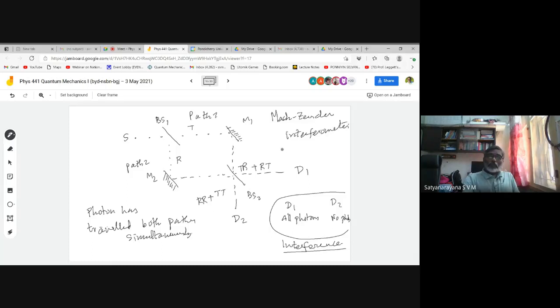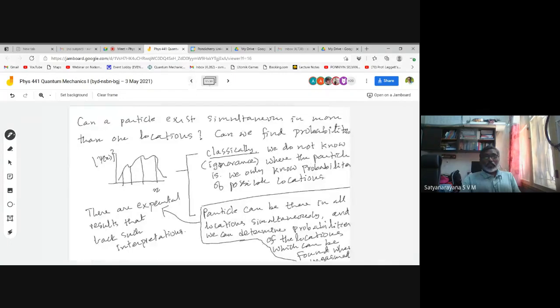This result can be mathematically derived, which we will do when we actually look at this problem. But these experimental indications say that the particle can be there in all locations simultaneously, and we can determine the probabilities of these locations, which can be found when we measure them.